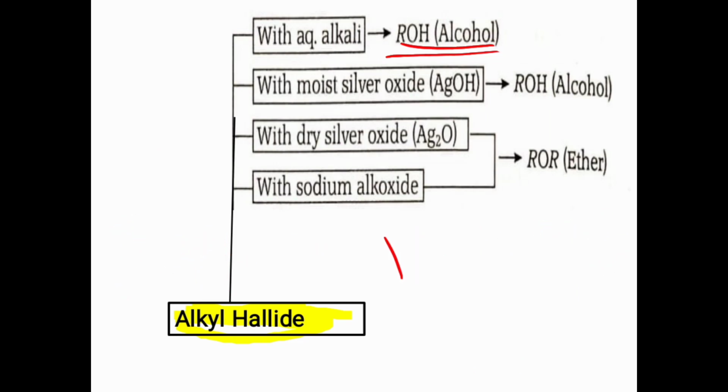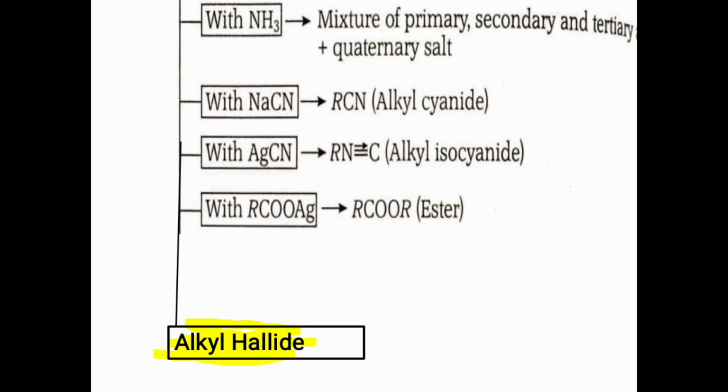Now next we will see alkyl halide reacting with NH3, ammonia. The product formed is a mixture of primary, secondary, tertiary amines and the quaternary salt.